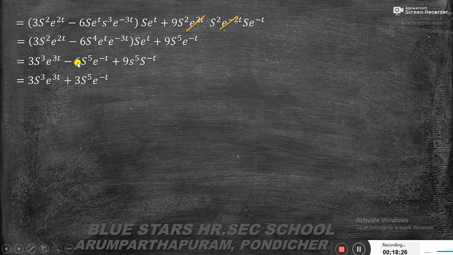Therefore 3s cube e power 3t minus 6s power 5 e power t, we add it, minus 6 plus 9 plus 3 s power 5 e power minus t. Therefore 3s cube e power 3t plus 3 into s power 5 e power minus t. This is the answer for the dou z by dou t.